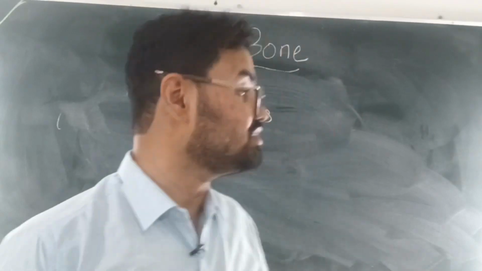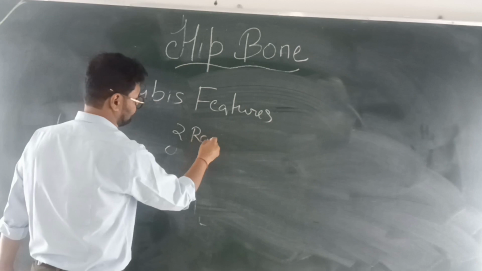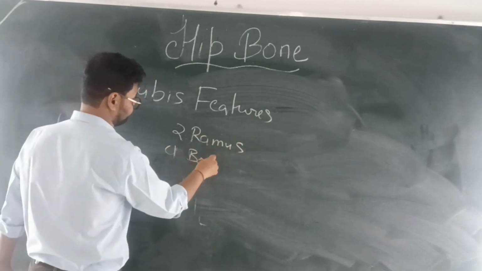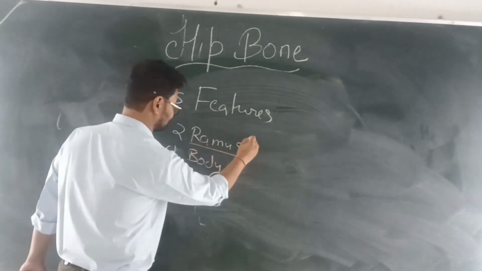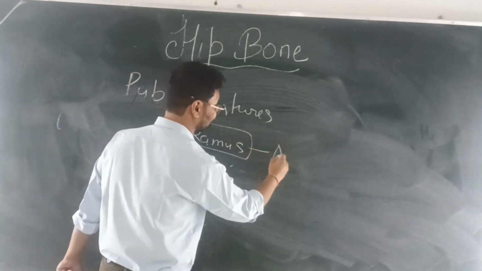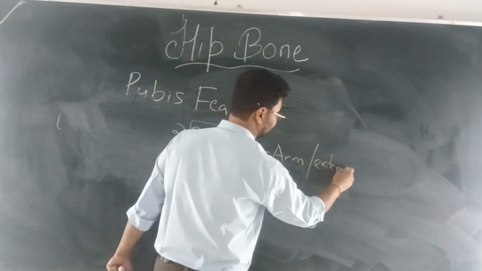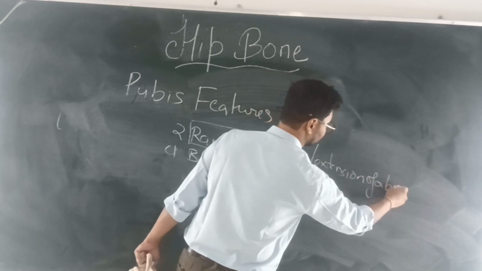So pubis consists of two ramus and one body. What is ramus? Ramus means arm or extended portion of a bone, extension of a bone, right?